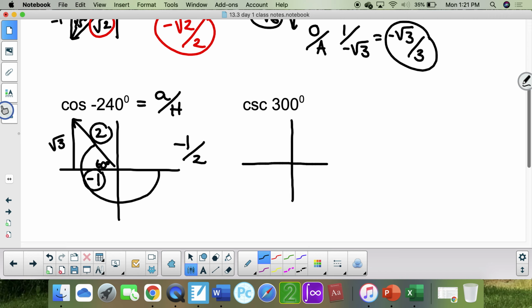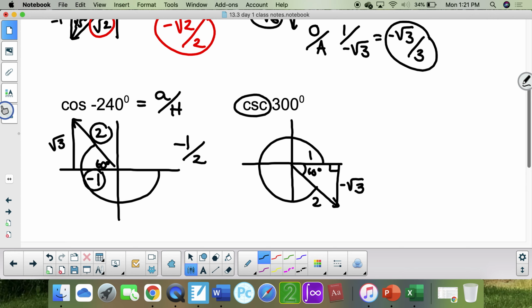Cosecant of 300 all the way around here. You bring that up to the x-axis. I went 300, so this has to be 60 to make a perfect 360. This is a negative root 3, opposite of 60. This is 30, which is 1, and the hypotenuse is 2.